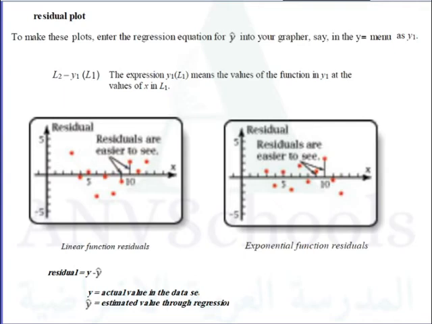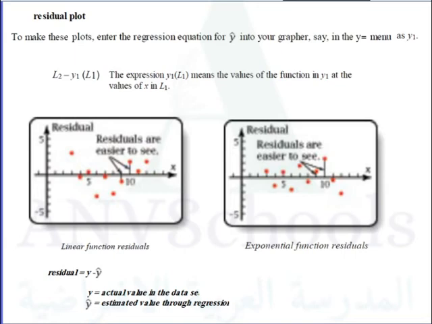Now to make these plots, enter the regression equation for y hat into your grapher, say in the y equals menu as y1. So L2 minus y1 of your L1.